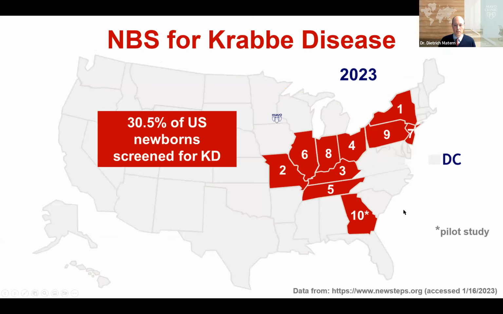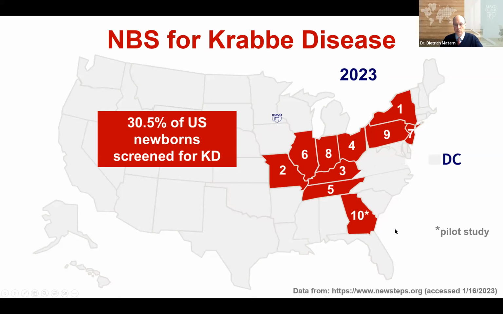When it comes to Krabbe disease, there are currently 10 states that are screening for Krabbe disease. The last one, the 10th one that was added, was Georgia, which does this at this point as a prospective pilot study. So they do follow up on patients that are at risk of having Krabbe disease.